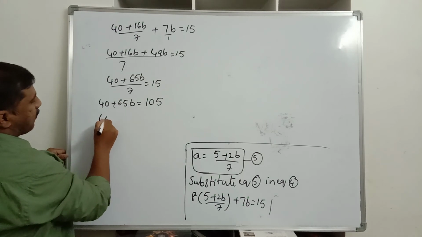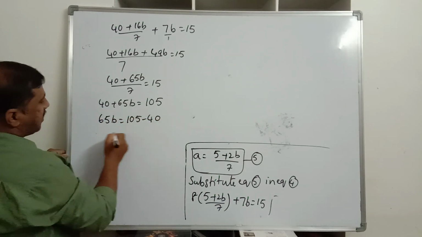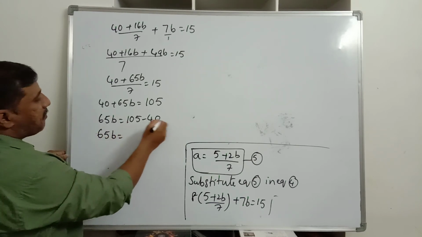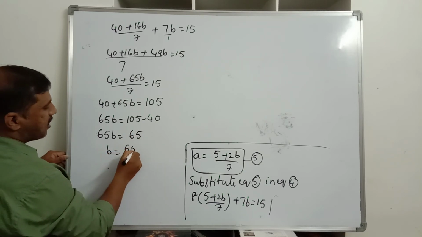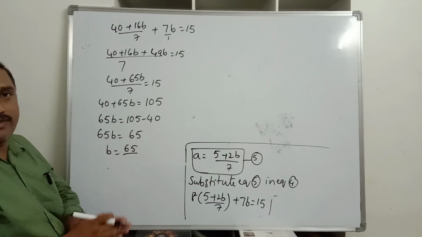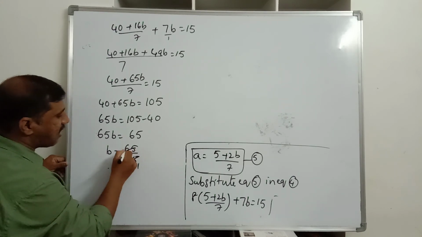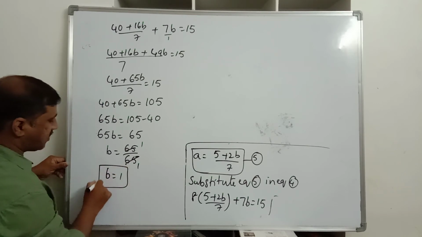Therefore 65b is equal to 105 minus 40, which is 65. Now b is equal to 65 divided by 65, so b is equal to 1 we got.